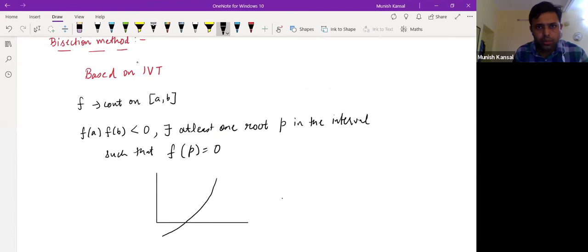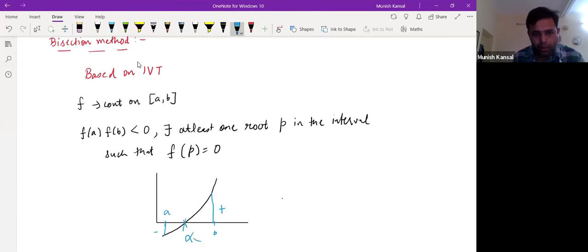Let us say at endpoint a, the value of the function is negative, and at the right hand point the value is positive. If you have a continuous function such that f(a) times f(b) is less than 0, then there exists at least one root inside a and b. Here we call this number a root, where it crosses the x-axis geometrically. This is the meaning of IBT.